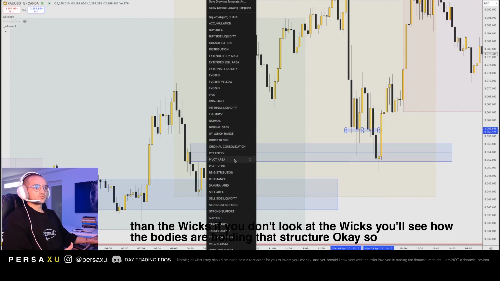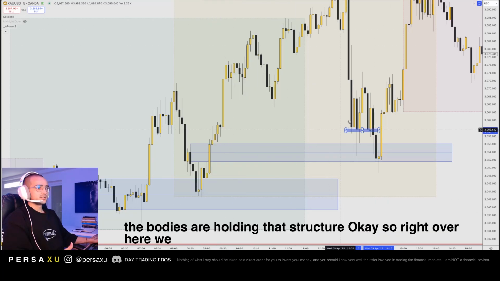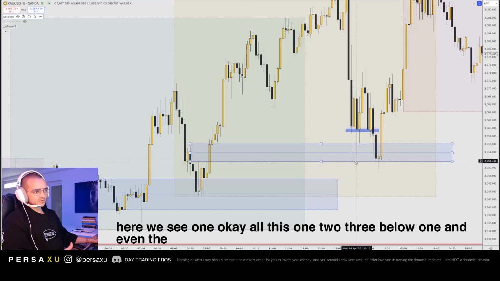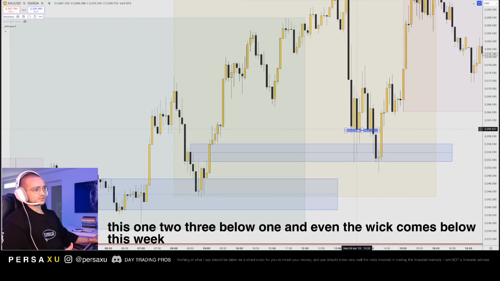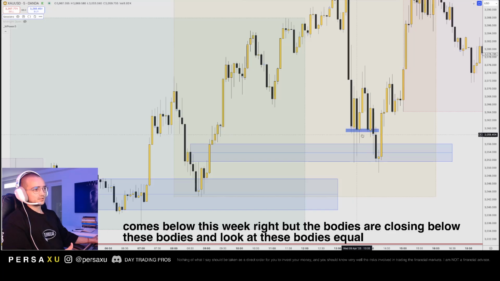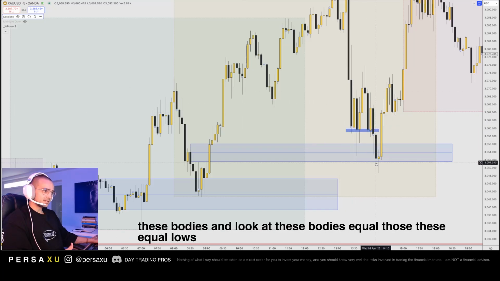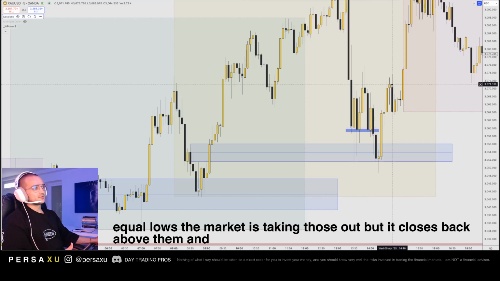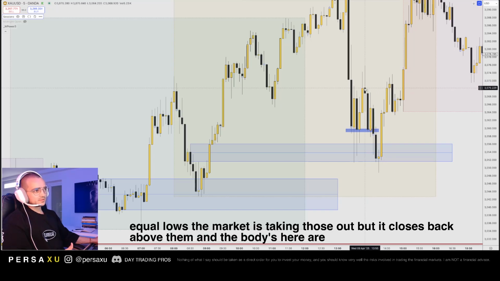So right over here, we see 1, okay, all this 1, 2, 3 below 1, and even the wick comes below this wick, right? But the bodies are closing below these bodies, and look at these bodies equal lows. These equal lows, the market is taking those out, but it closes back above them, and the bodies here are closing just above these.